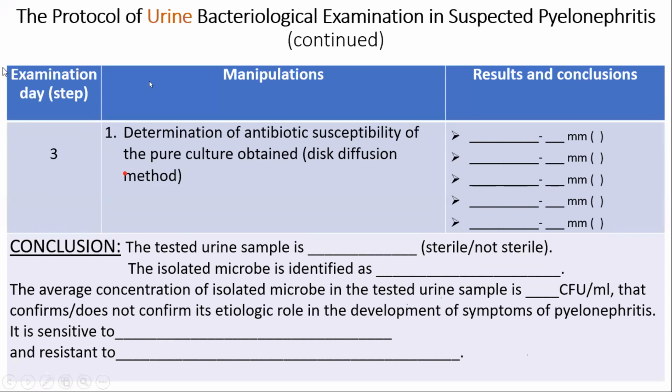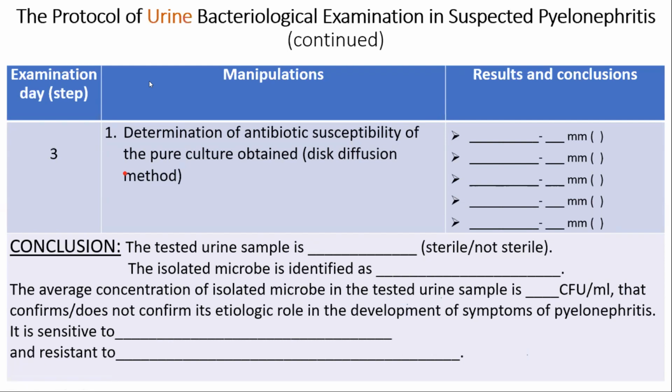It will be shown in class. Conclusion: the tested urine sample is non-sterile. The isolated bacterium is identified as gram-negative rods. We didn't identify them, so we can't even imagine. Maybe it is Pseudomonas.